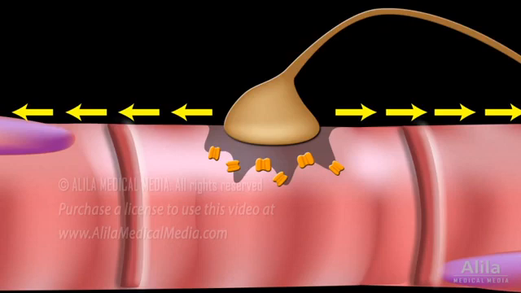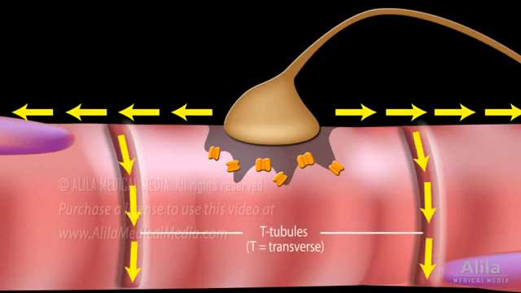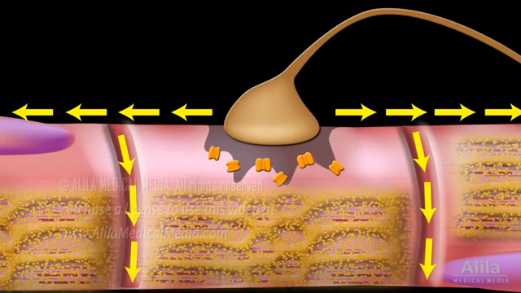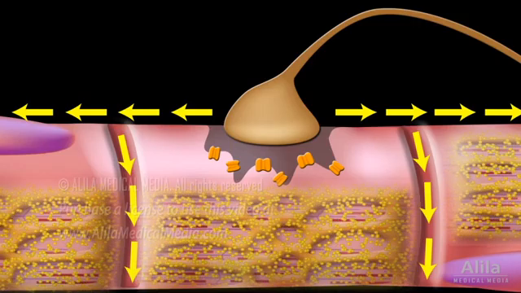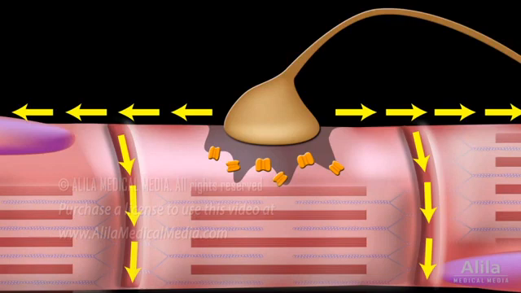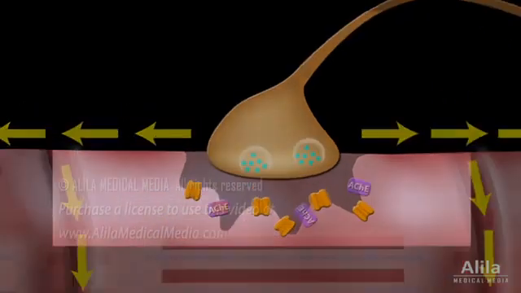The action potential also runs deep into the fiber via T-tubules to reach the sarcoplasmic reticulum. Here it activates voltage-gated calcium channels, releasing calcium from the sarcoplasmic reticulum into the cytosol of muscle cells. Calcium then sets off muscle contraction by the sliding filament mechanism. This mechanism is described in another video.